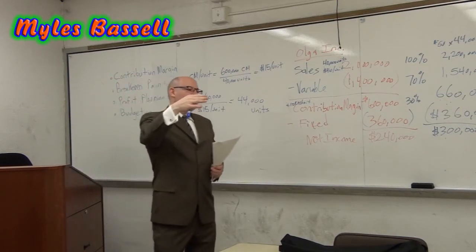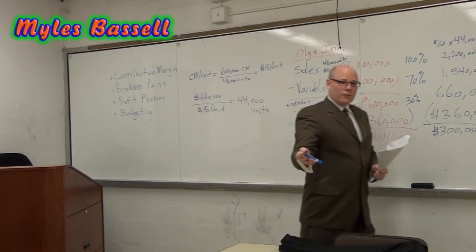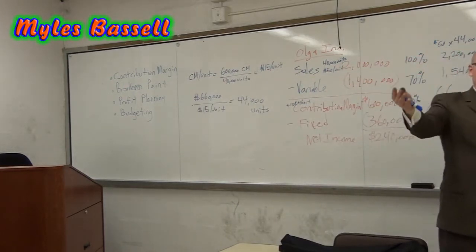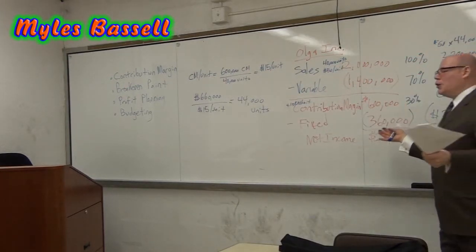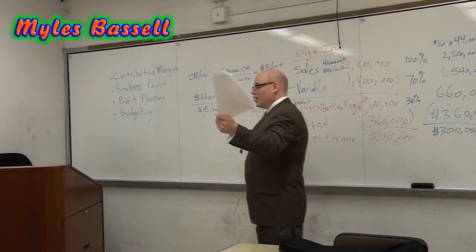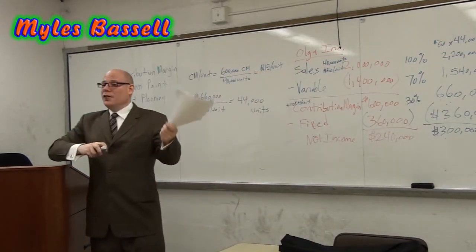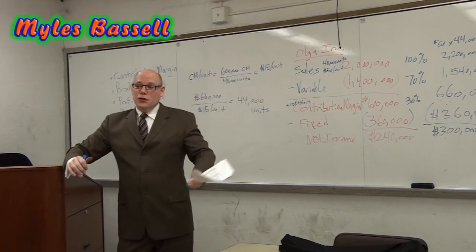Because Abigail might say, I need to hire another salesperson, and they're going to get paid $50,000. But then how do you justify that? Well, Abigail says this person is going to be able to sell 5,000 units per year.